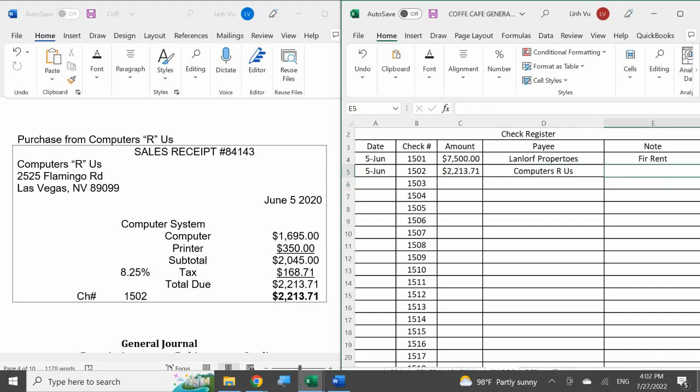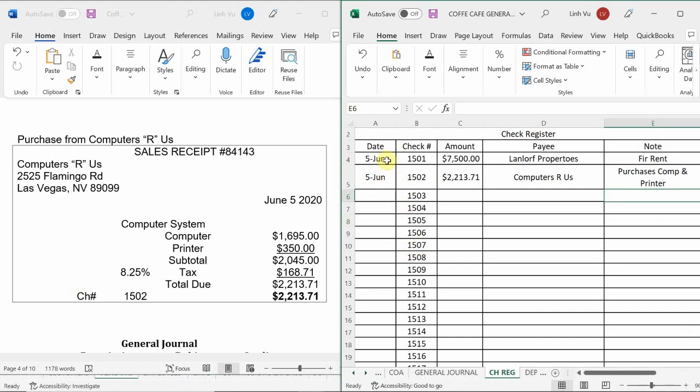And why did you go to Computers Are Us and pay them? Because you purchased a computer and printer. Okay? You bought a computer and printer. Right? That was the reason.